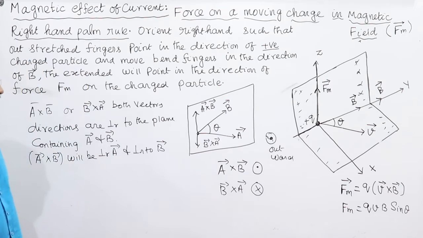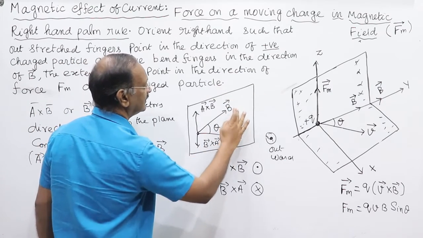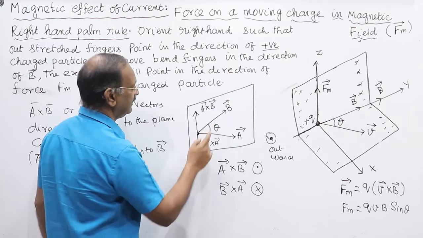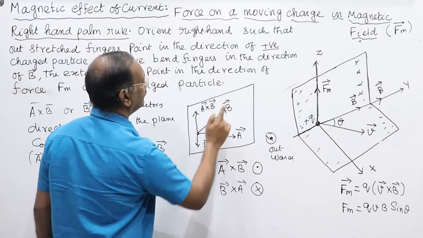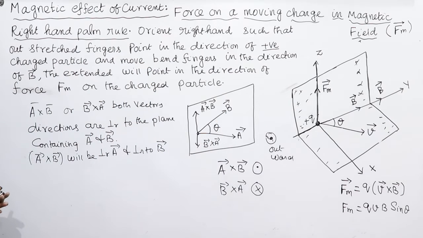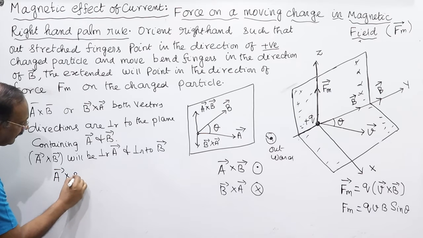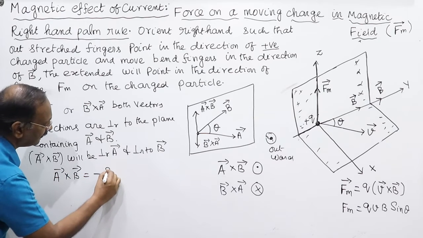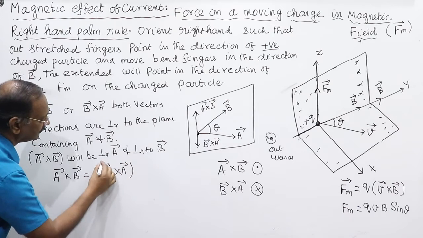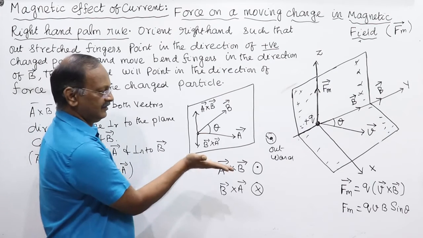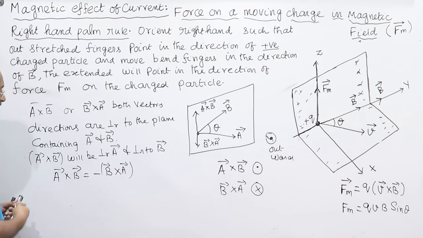So this we have to remember, and this A cross B or B cross A is perpendicular to the plane containing vector A and vector B, and perpendicular to vector A and perpendicular to vector B. Or we can say A cross B is equal to negative of B cross A, vector product, because A cross B we go this way in this direction and B cross A in this direction, both are opposite to each other.